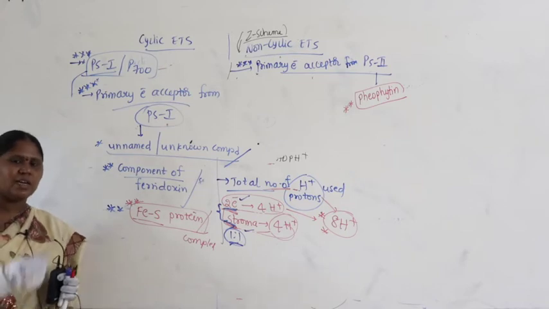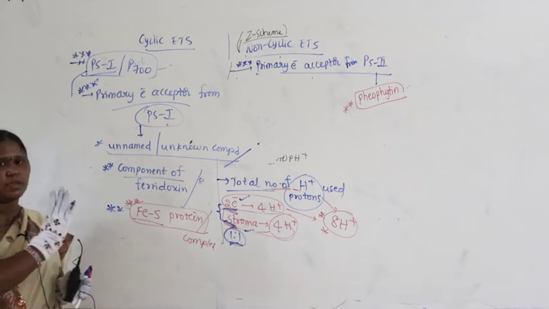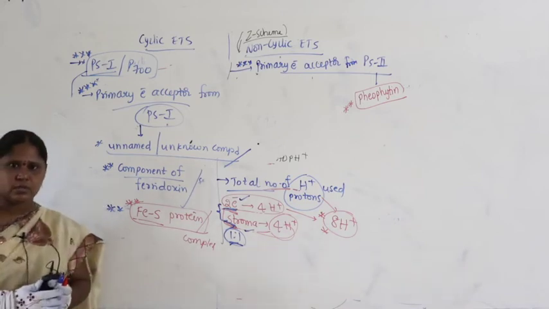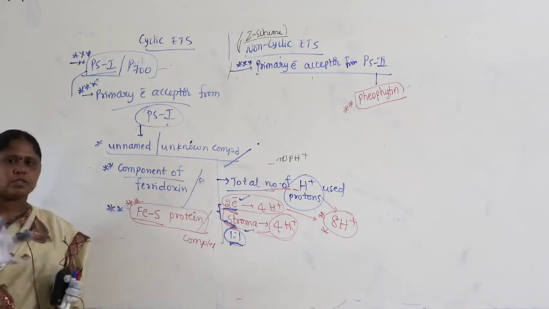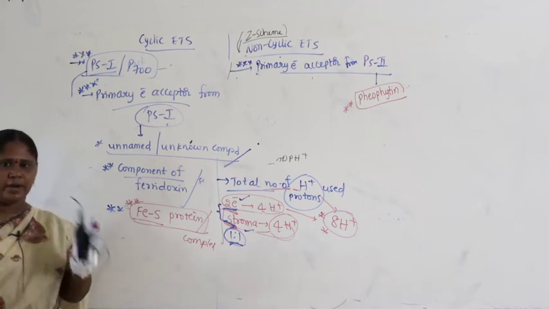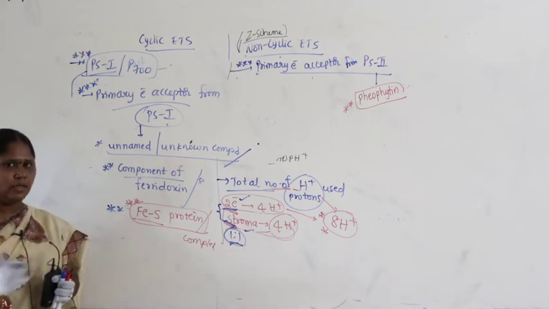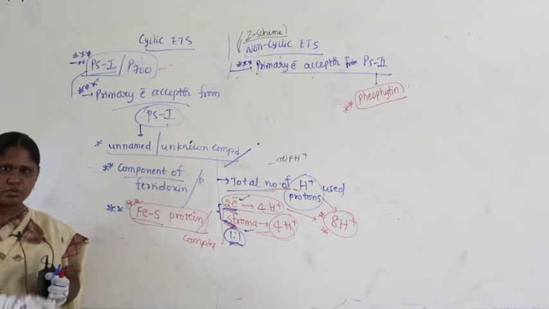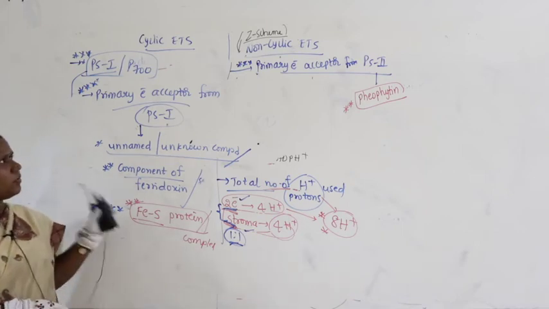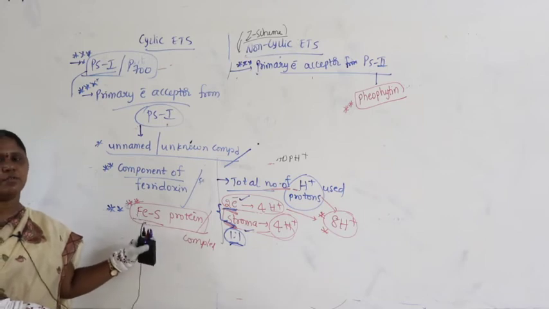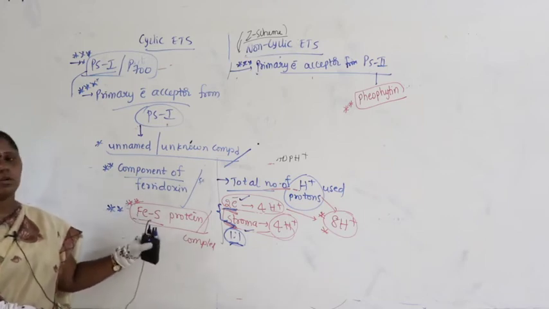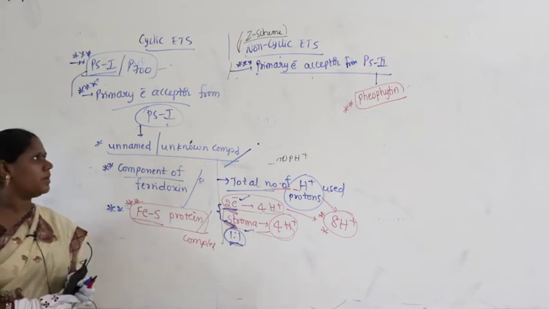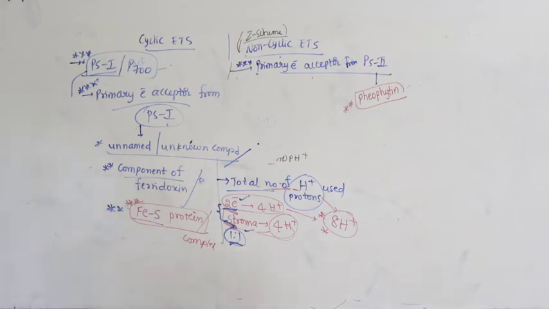Make clear differences between PS1 and PS2, non-cyclic and cyclic electron transport system, draw both cycles side by side on a white paper, see clearly the differences and where there is a possibility of getting questions, and be thorough with the concept of differences between cyclic and non-cyclic electron transport system, right. Let us continue further.